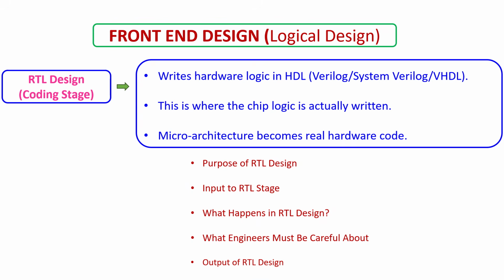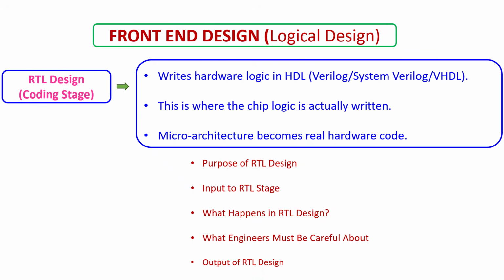So what are the inputs we are going to give to this RTL stage? Clear architecture equals clean RTL. So the inputs are microarchitecture specification, block diagrams, timing goals, and interface definitions. What happens in this RTL design?